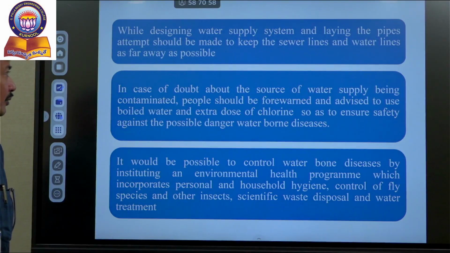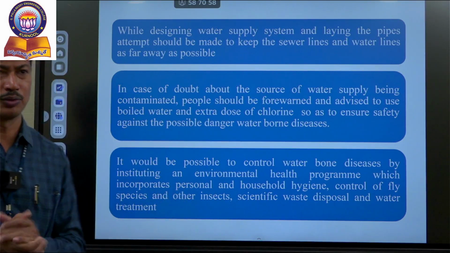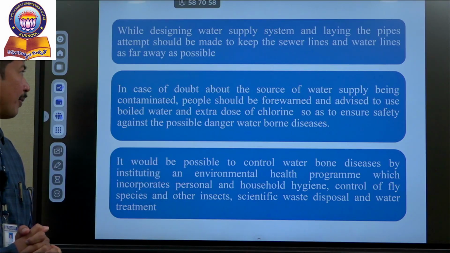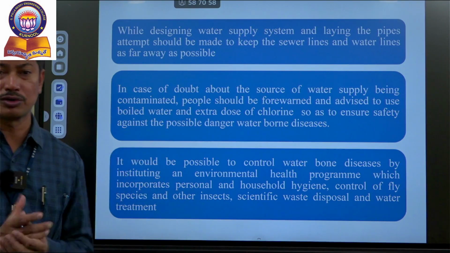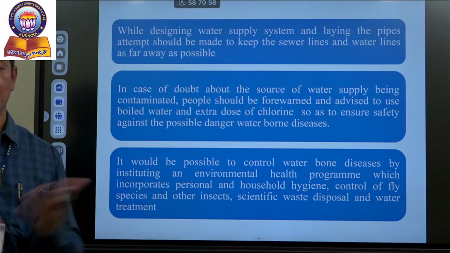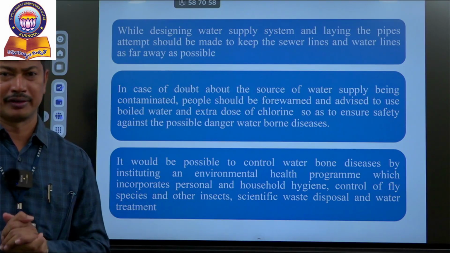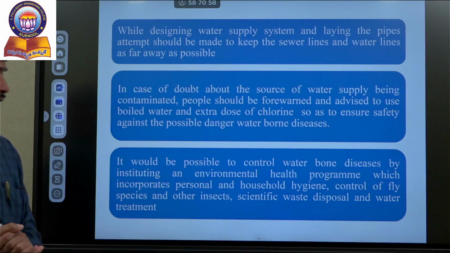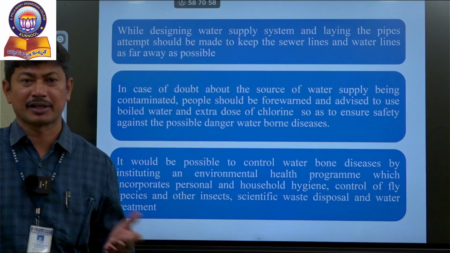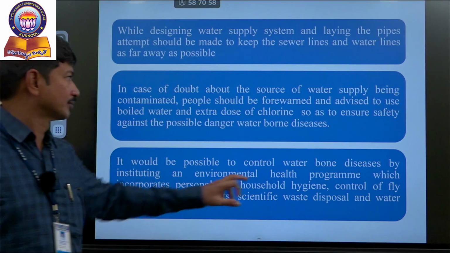Another one, lay the water pipeline and sanitary lines as far away from each other as possible. In case of any doubt, especially in rainy season, people should be forewarned or advised to drink water after boiling. And the last one, by creating awareness among the people through environmental health programs, we can control waterborne diseases.